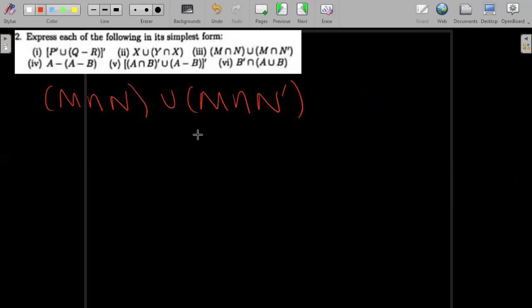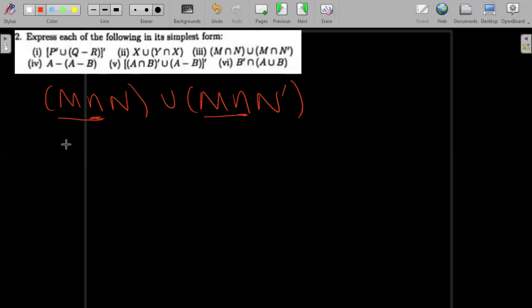So one thing you can notice is that in between there and there, you have something that is common in both of them. That is M intersect. So you would observe at first glance that these are distributed. They had expanded this using the distributive laws.